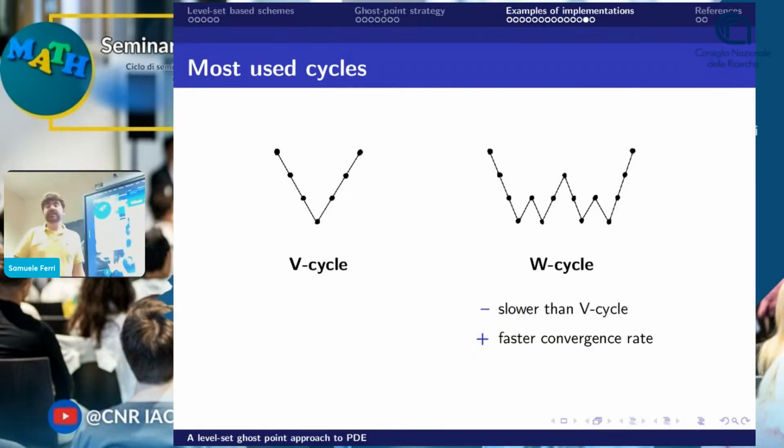The difference is, of course, the time, because the W cycle is more time consuming, because you have to perform many iterations for smoothing, and also you need to solve more linear systems. In this example, you can have a different shape for the W. But the very advantage of the W cycle is that it has a faster convergence rate.